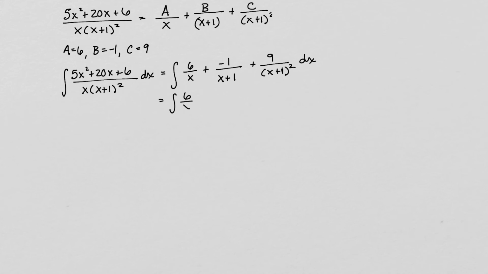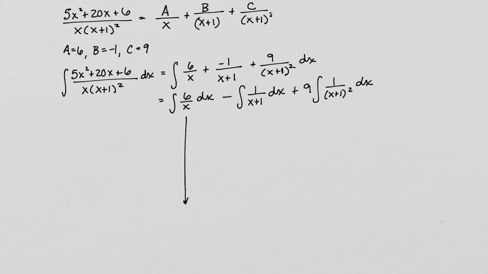So I'm going to split these into 3 separate integrals. So we have the integral of 6 over x dx. I could write it as minus the integral of 1 over x plus 1 dx. Plus 9 times the integral of 1 over x plus 1 squared dx. And I'm going to use substitution on that last integral.